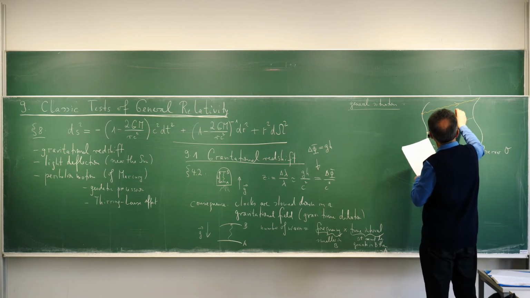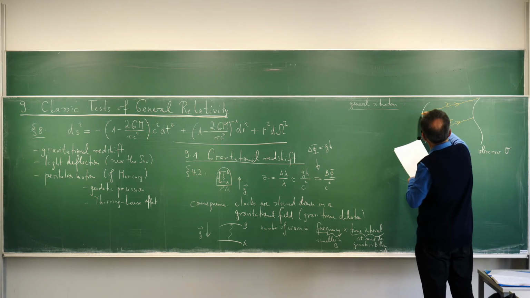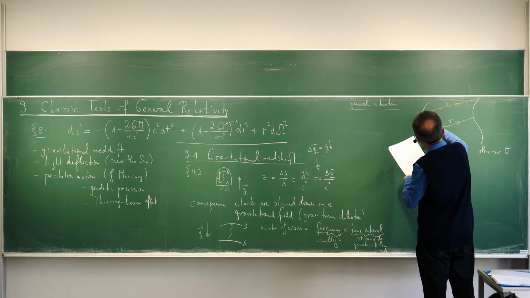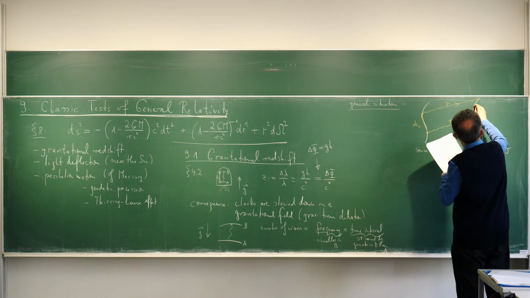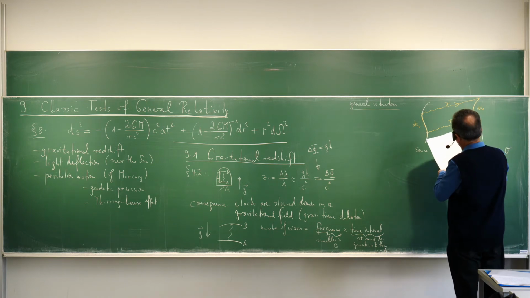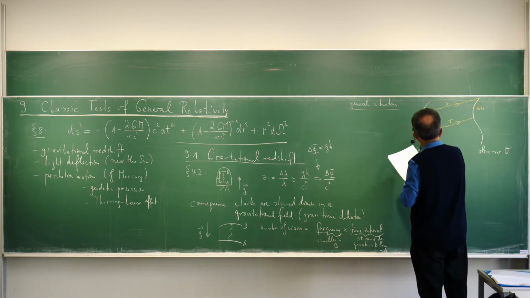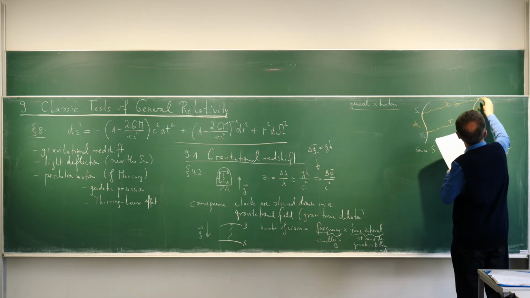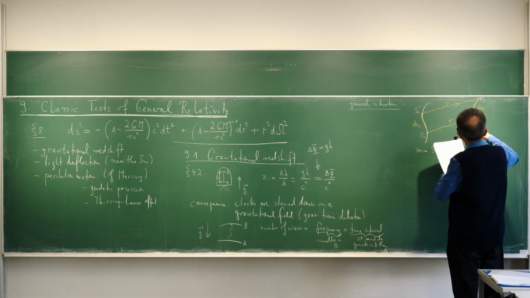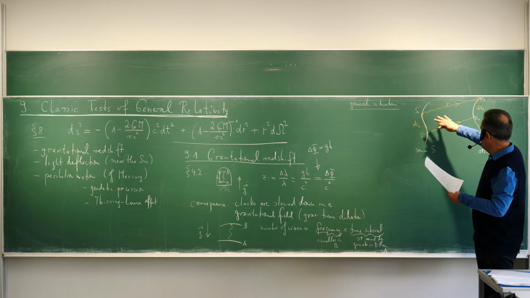This I call gamma, and I call the proper time that elapses ds0, and this I call ds1. And so these are the events I call S0 and S0 prime, and these are the events O1 and O1 prime.